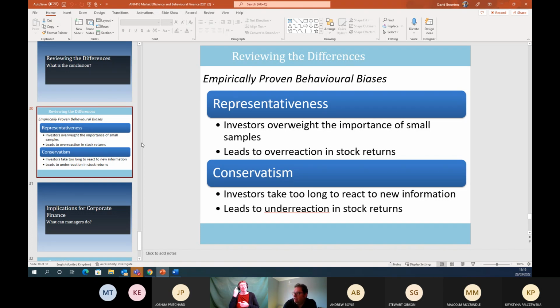And again, it leads to an overreaction in the stock returns because we're applying information that we have from a small sample of data to the whole population. So representativeness leads to an overreaction, and conservatism leads to an underreaction.